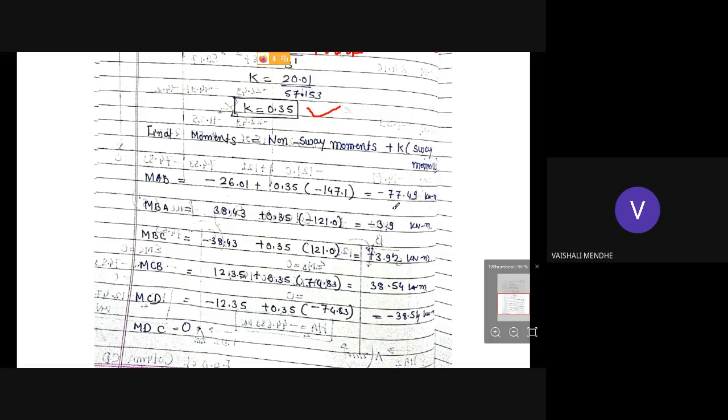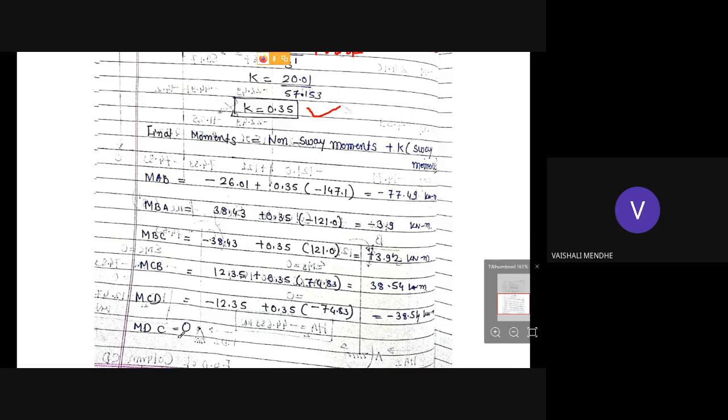K factor can be different, but your final moments remain the same. So CB you'll get 38.454, then CD -38.54, then moment at DC hinge end it is 0.